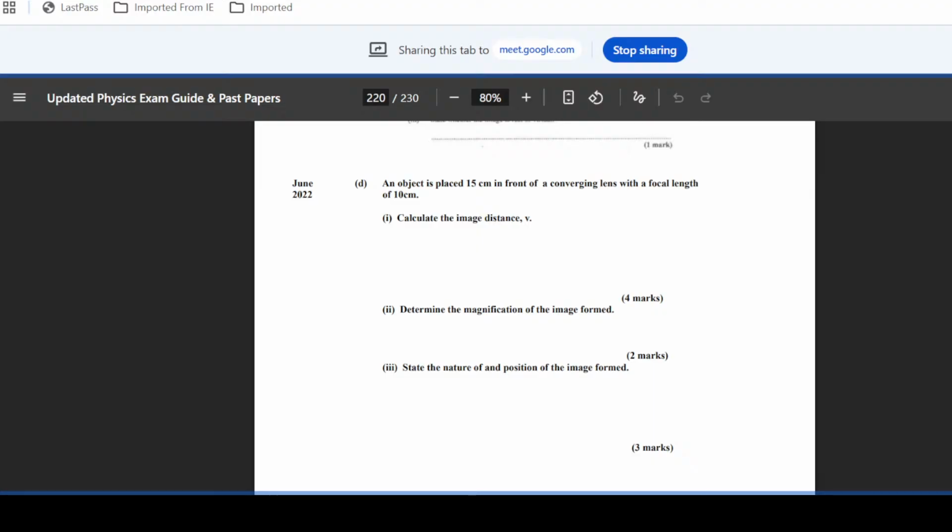State the nature would be whether it's a real image or a virtual image. It's going to be a virtual image if the object is placed at a distance less than the focal length, or equal to or less than the focal length. So if this image, yeah, go ahead.